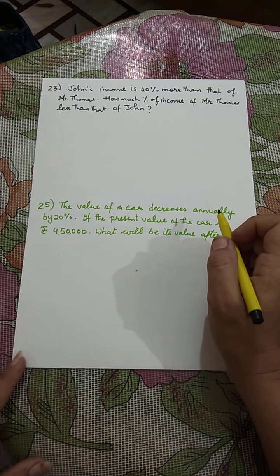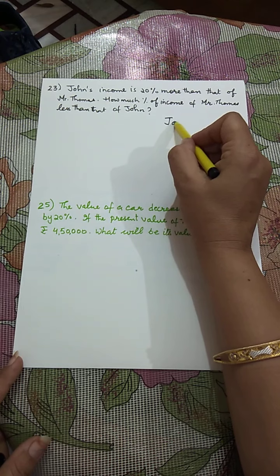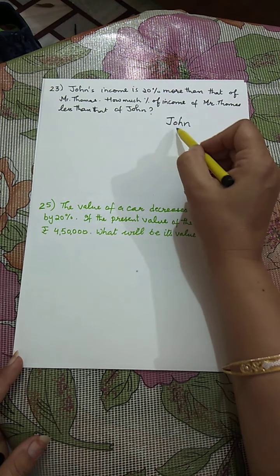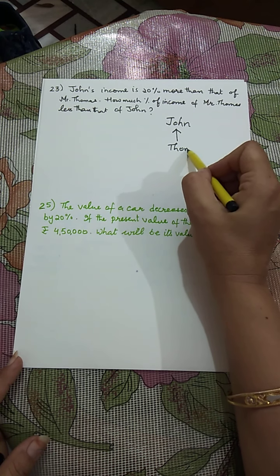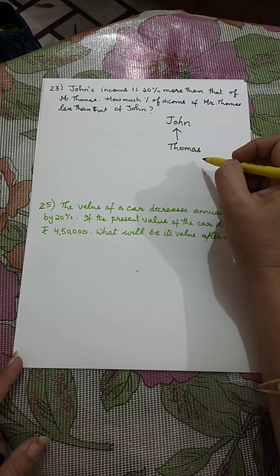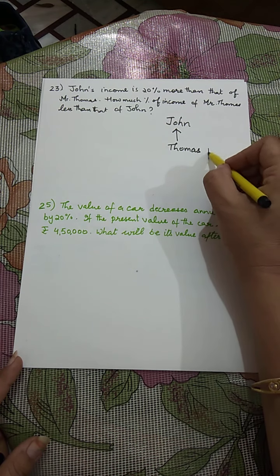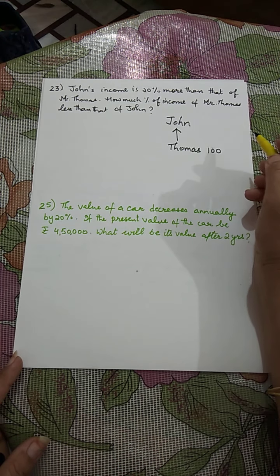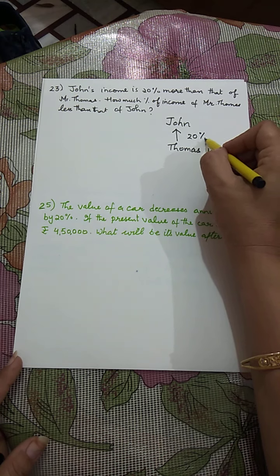First it is 20%. When you consider the question, you will see John's income is more than that of Mr. Thomas. Now over here the percentage is calculated in which the base is Thomas. Suppose Thomas is earning 100 rupees and John's income is 20% more.